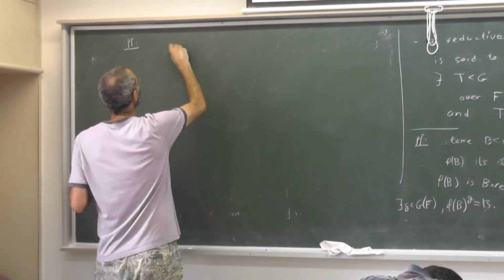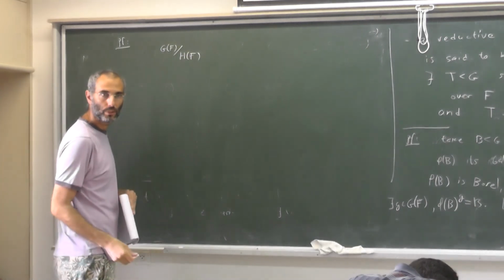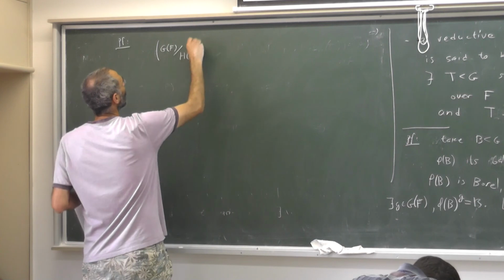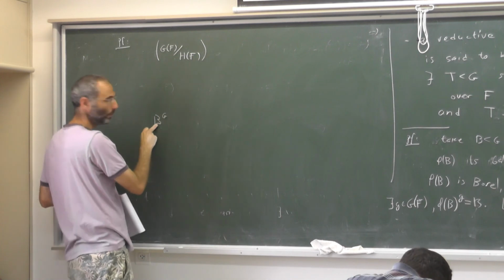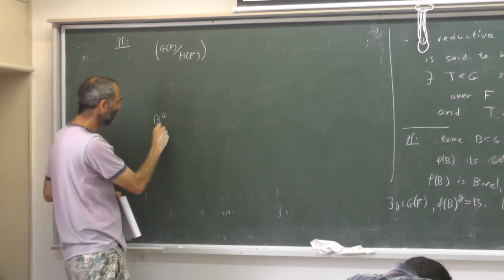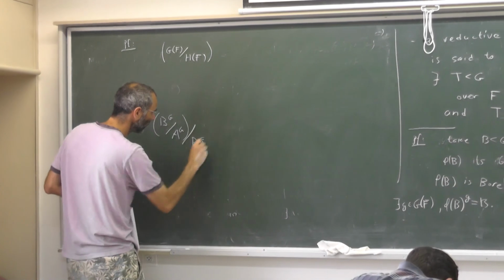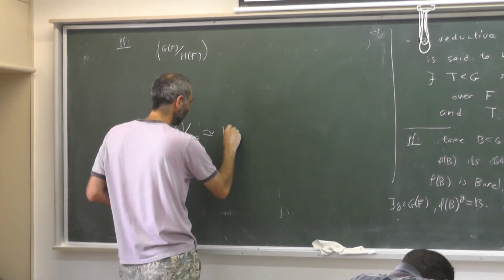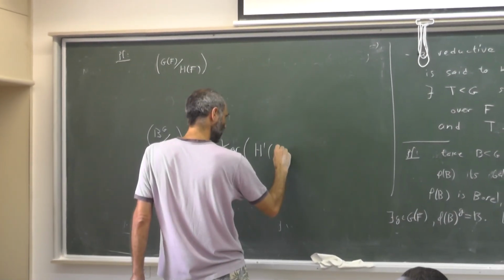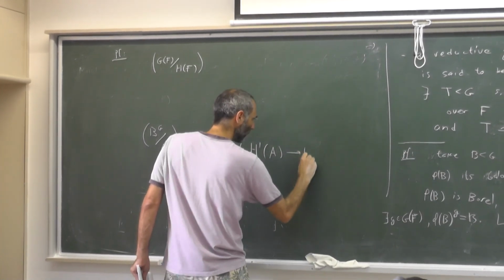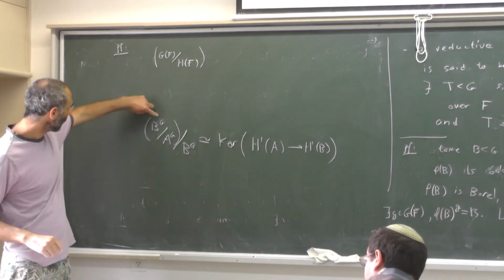This follows, well, so G(F) modulo H(F), namely rewrite this V as G mod H. I wrote previously B, an abstract G-group, and A. There G was the Galois group.